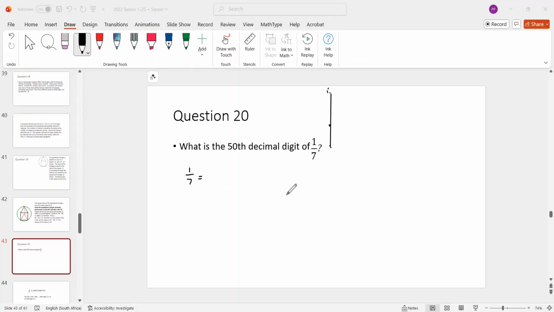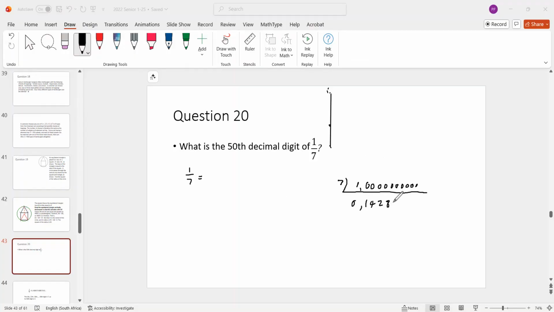Now, how do you calculate what the decimal is? What you have to do is you put 7, 1.0000. You have to divide 1 by 7. 7 goes into 10 one time.